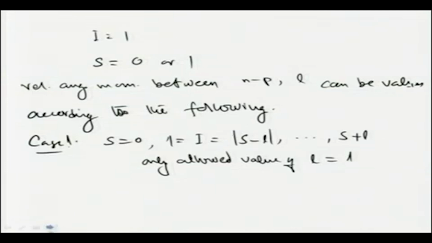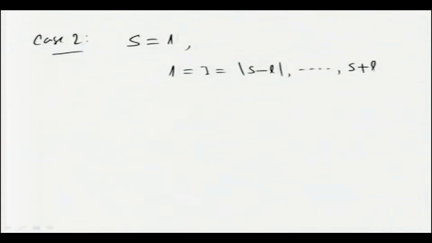Now, let us take the next case. So, case 2, where we have now S is equal to 1, then again I ranges from S minus L up to S plus L, and L can be equal to 0. In that case, I is equal to 1, because L equal to 0 plus S equal to 1 will give me I equal to 1.